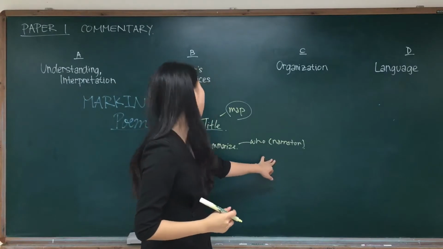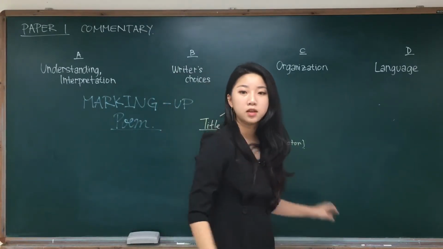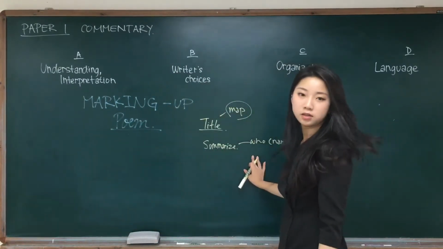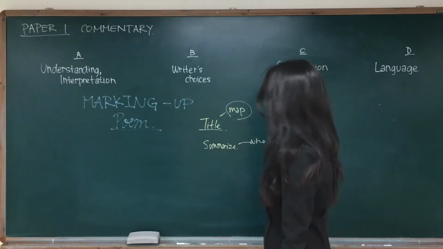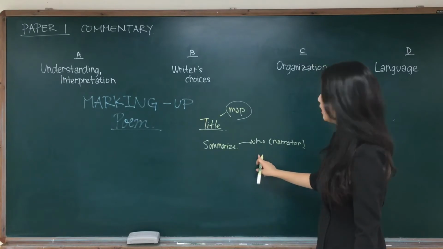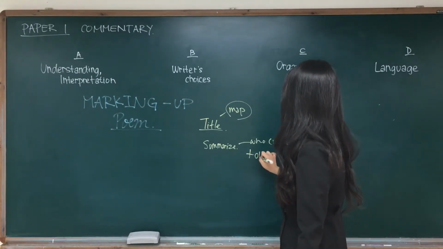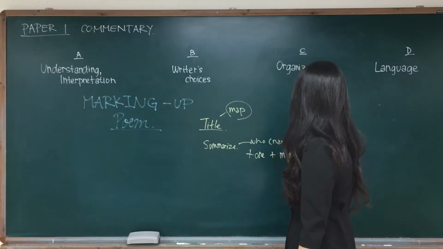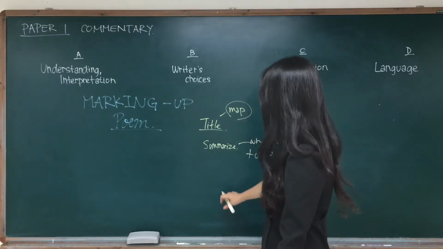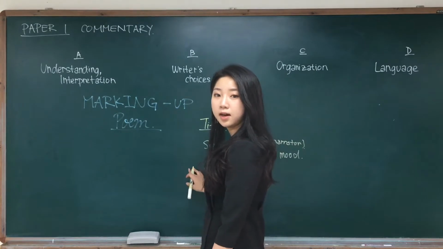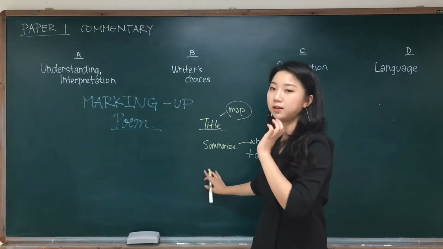What is the narrator talking about? For what purposes is the narrator talking to this person? And how is the narrator saying this? So the delivery, as in the tone, and when you talk about the tone, you can also talk about the general mood of the poem.